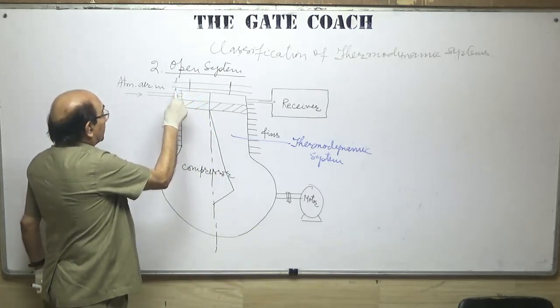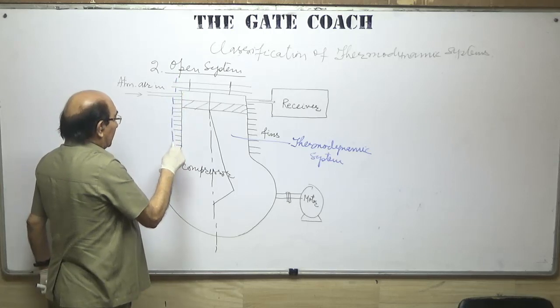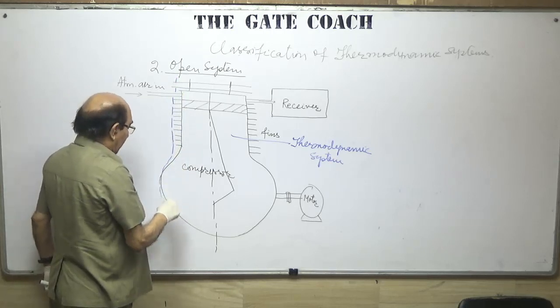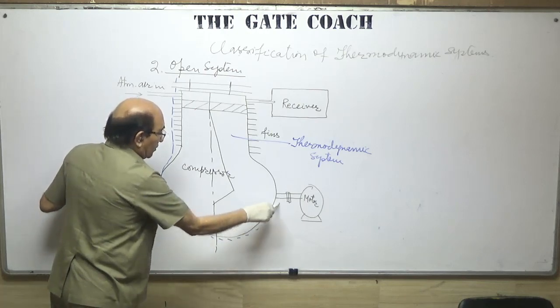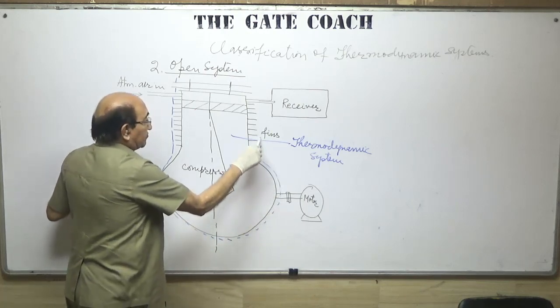Now, these are the surfaces with which this system can be distinguished in the universe.